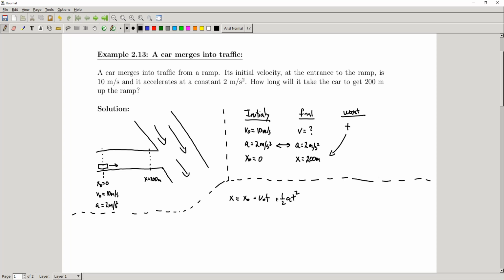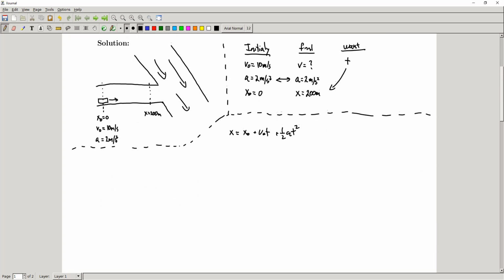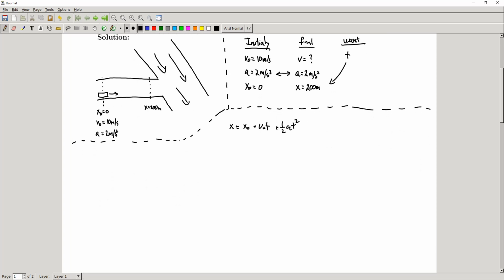If we substitute in numbers for these values, we can just copy them down from our table above. So we're going to have 200 is equal to 0 plus 10t plus 1/2 times 2 times t squared. I'm going to clean it up and rearrange it so that we can solve the quadratic. We should all recognize that this is a quadratic in t. We have our linear term and our quadratic term in t, and we want to solve for t.